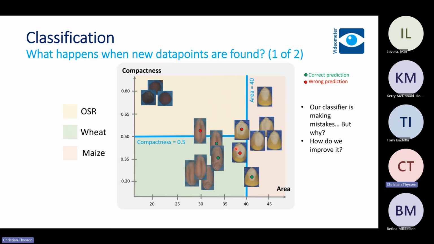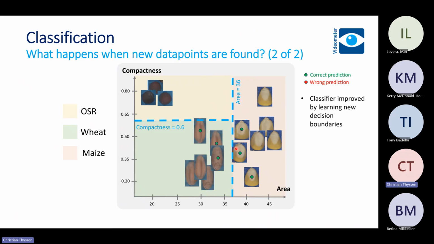So how do we actually improve it? The answer is that we would use this data to retrain the model, and you would then move these decision boundaries to something that is closer to the actual underlying population. Here we hope that we have acquired sufficiently many data points so that it reflects the underlying population. So we have more trust in our model.